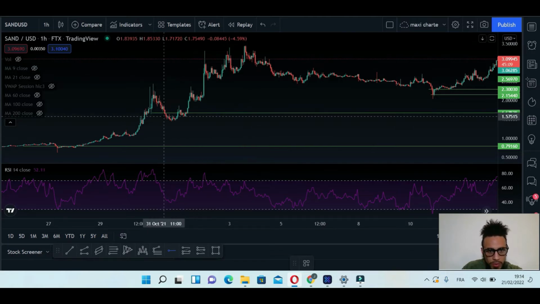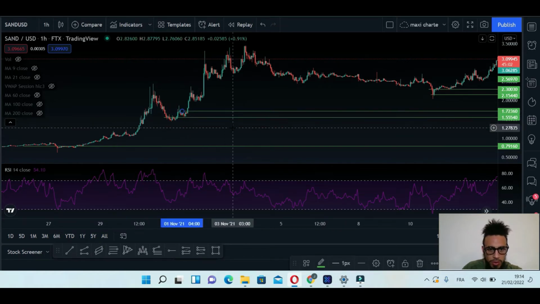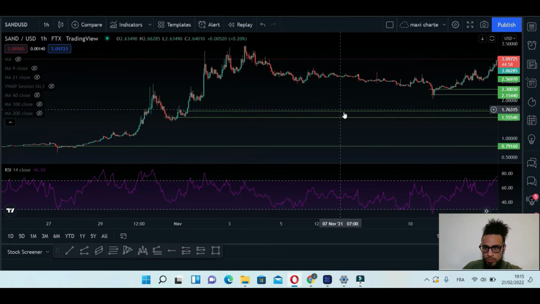So we could drop a line here for this nice little POI right there, and another one more accurately right here. These on their own would be two independent trades. You see, you would enter here.